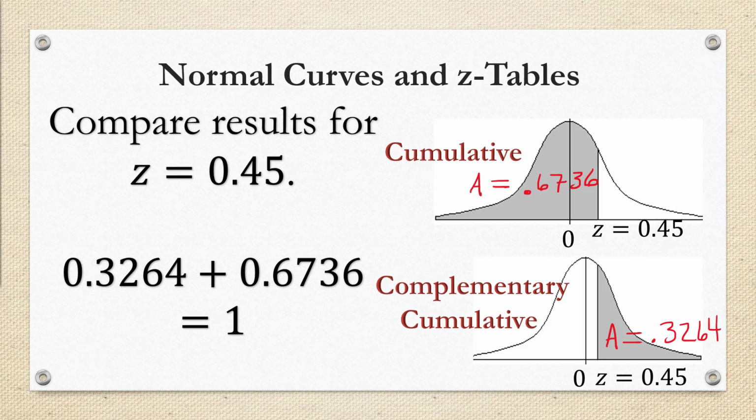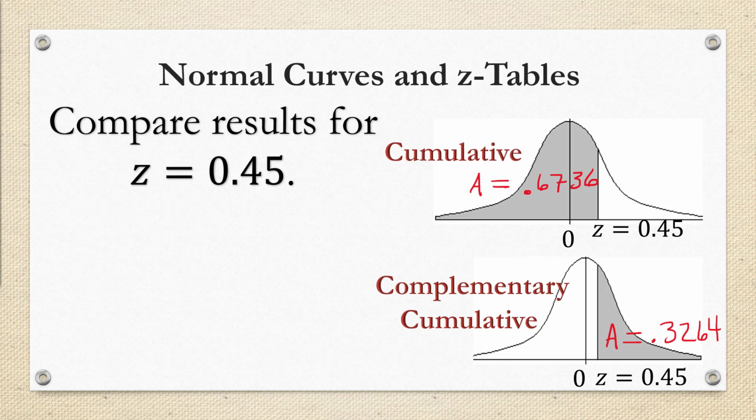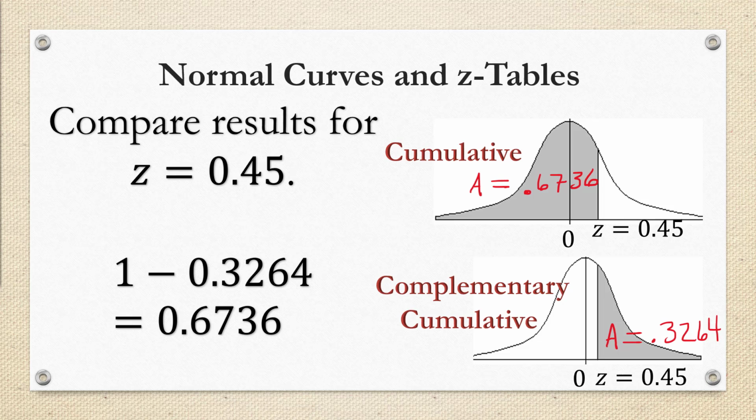That's because one table is giving you the area to the left, the other is giving you the area to the right, and together we get the total area under the curve. This is useful because if I was working with just the complementary cumulative z-table, I could subtract 1 minus 0.3264, and I could get the same area I would have gotten if I was using a cumulative z-table.